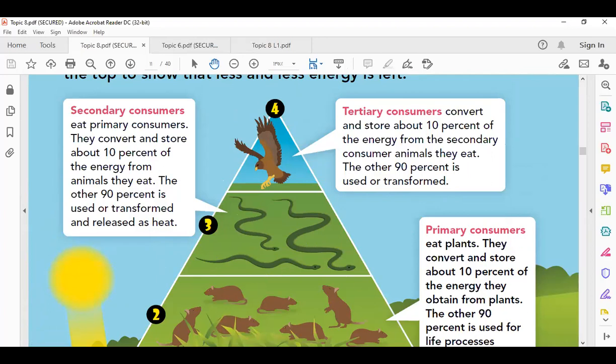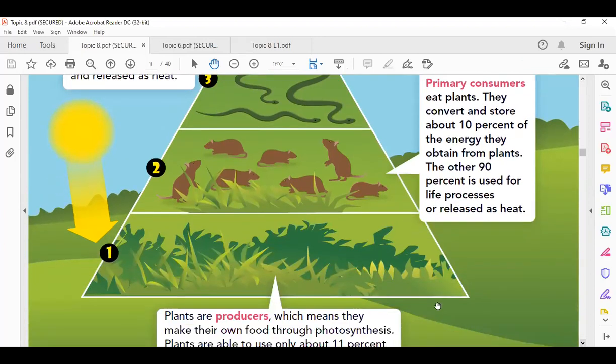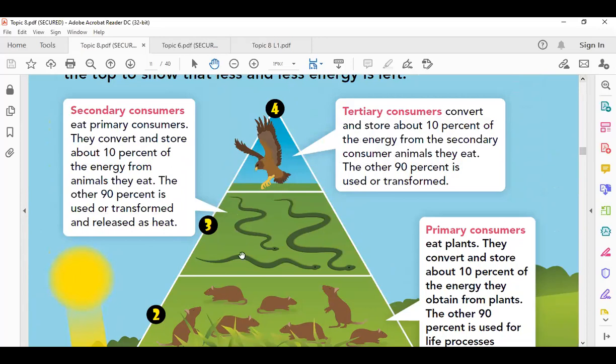And always, as you see, whenever you go from one trophic level to the next, only 10% of the energy is used, while the other 90% of the energy is transformed or used for other activities.